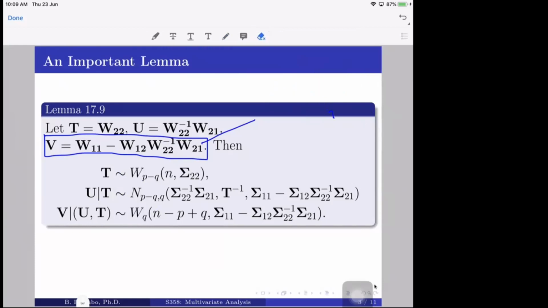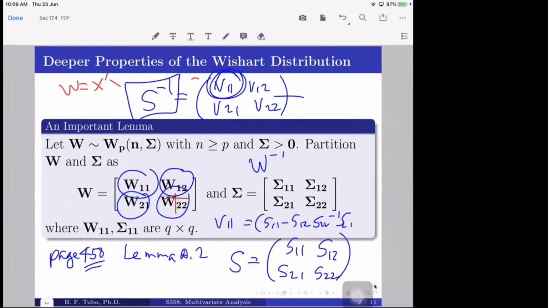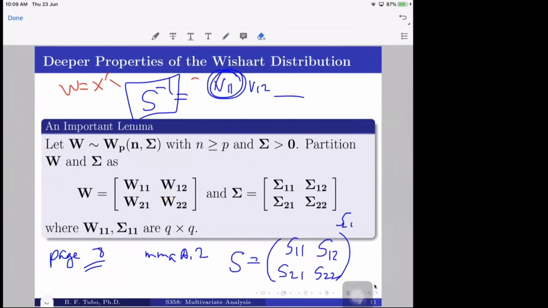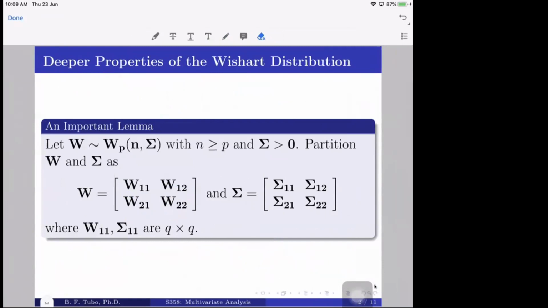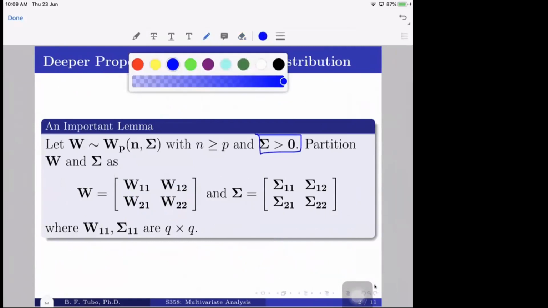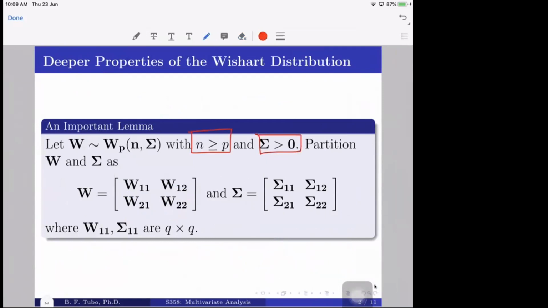Now, as what I have told you earlier, since these two conditions are satisfied, we are assured of an inverse.